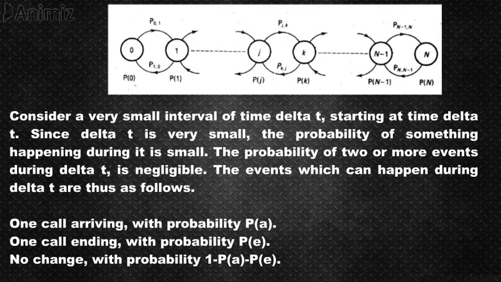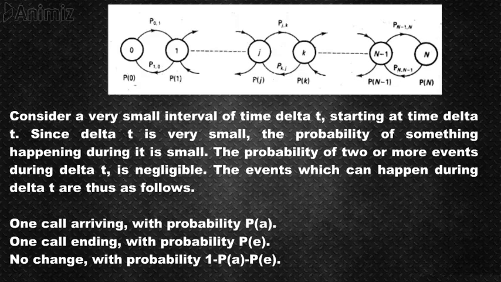Now, if we consider a very small interval of time delta t, the probability of something happening during that very short period of time is very small. The probability of two or more events happening during a small delta t is negligible. So what are the events that can happen during a small delta t?